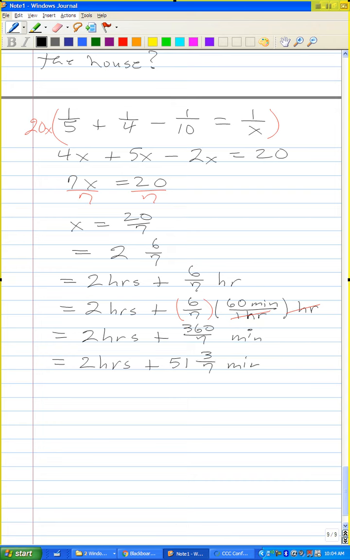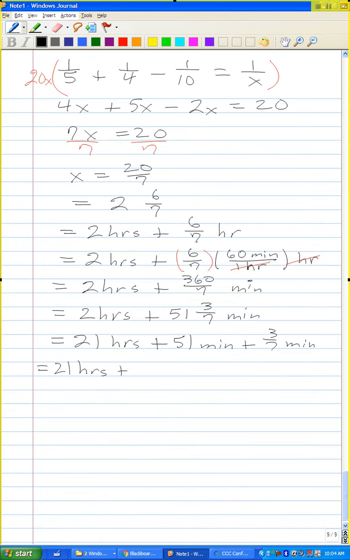And so this is 2 hours plus 51 minutes plus 3/7 of a minute. Well, again, let's rewrite that. There are 60 seconds in 1 minute.